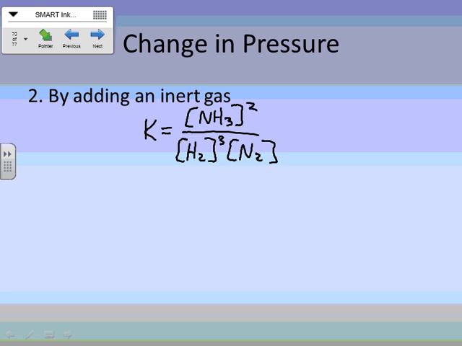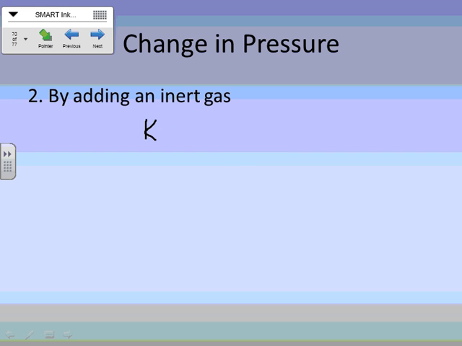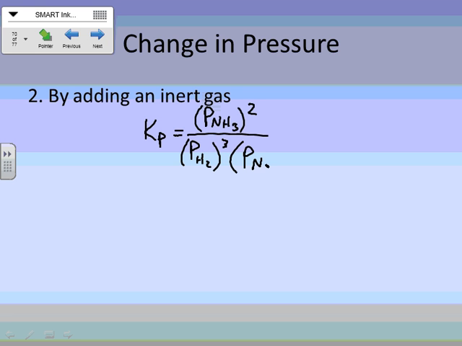Okay, does that change? You know what, I should have done this in terms of pressure instead of concentration. Hang on just a second. Just for the sake of my example here. Pressure of NH3 squared over the pressure of the H2 cubed times the pressure of the N2.